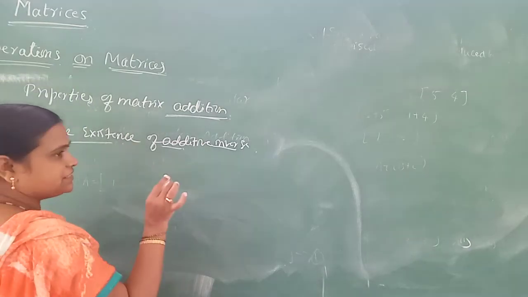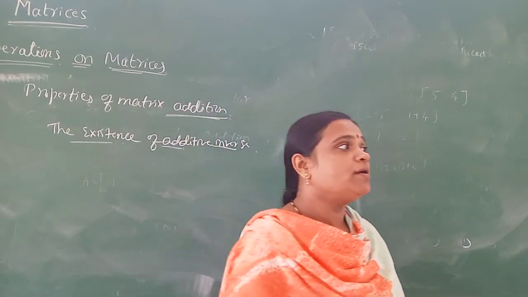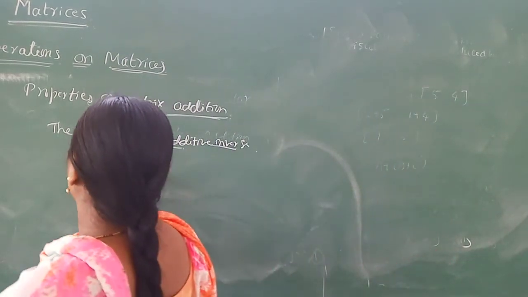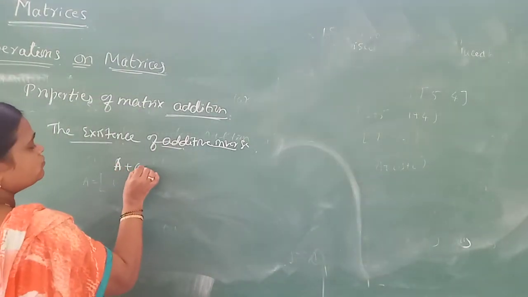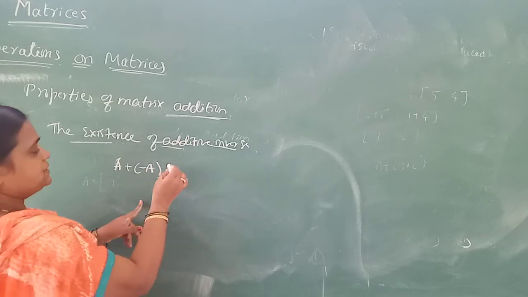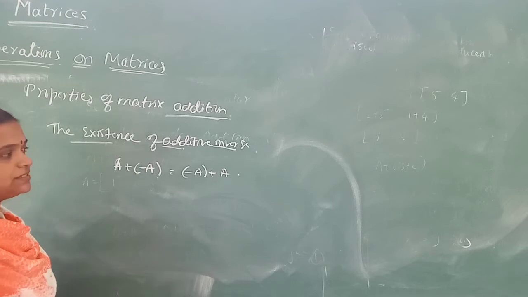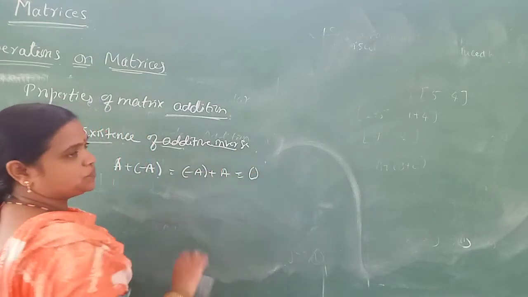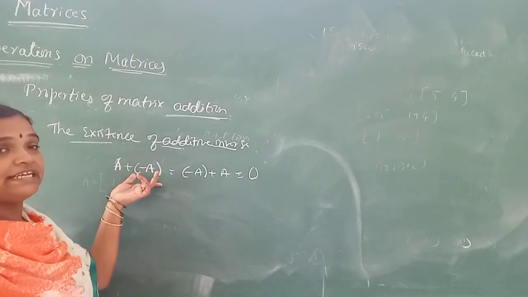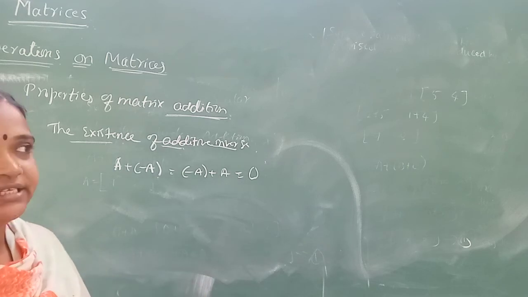If A is any matrix, then minus A is the additive inverse of A. If I consider minus A, its additive inverse is plus A. A plus (minus A), we get the answer 0. Then we say that minus A is the additive inverse of A, or A is the additive inverse of minus A.